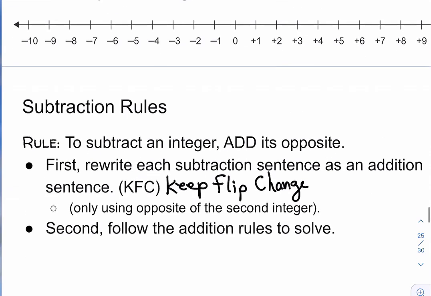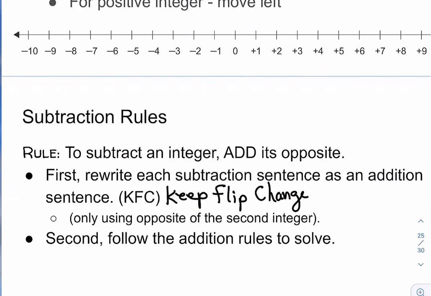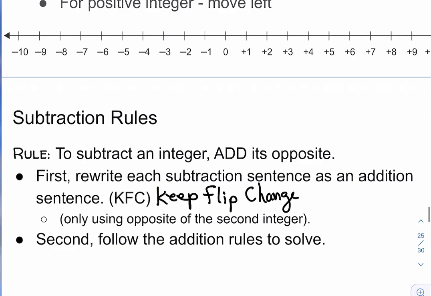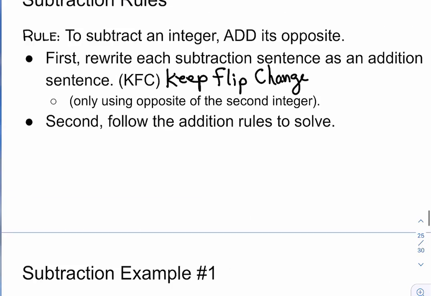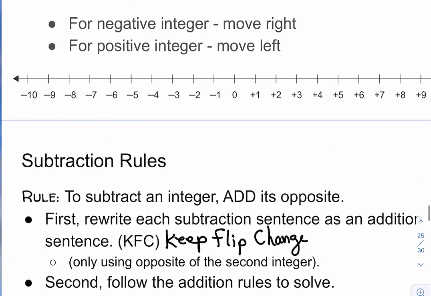When we look back here at the number line, to give an example, let's take 2 subtract negative 6. So again, I have 2, so I was starting here.